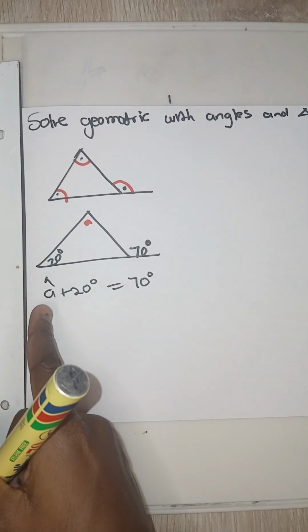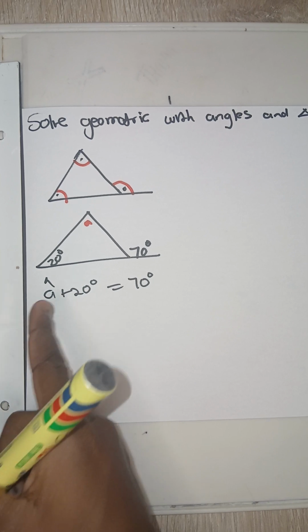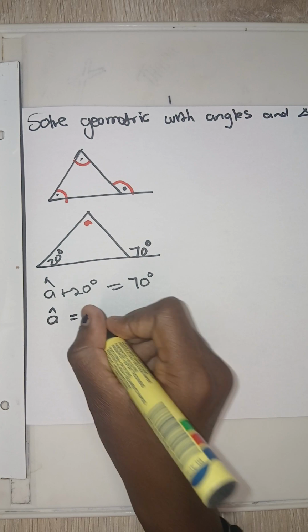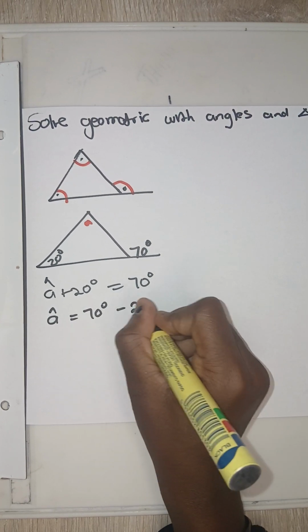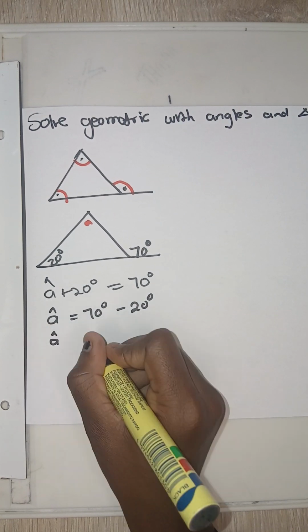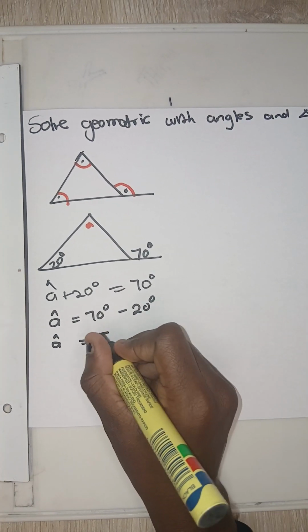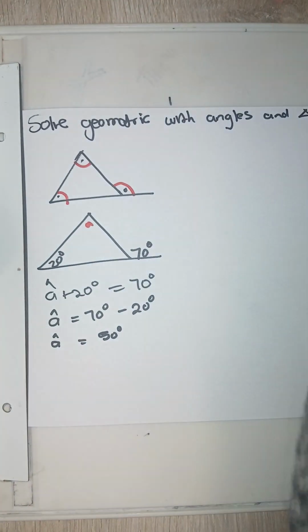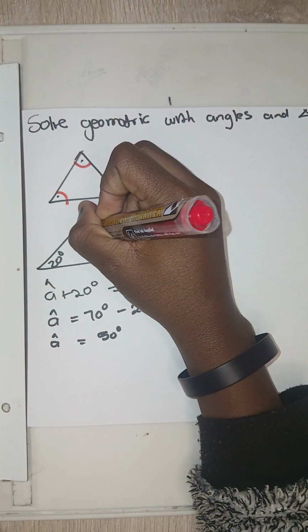Don't forget to put the angle symbol to show that it is an angle. We talked about that in the previous video. A equals 70 minus 20. A is equal to 50. Let's put that 50 over there.